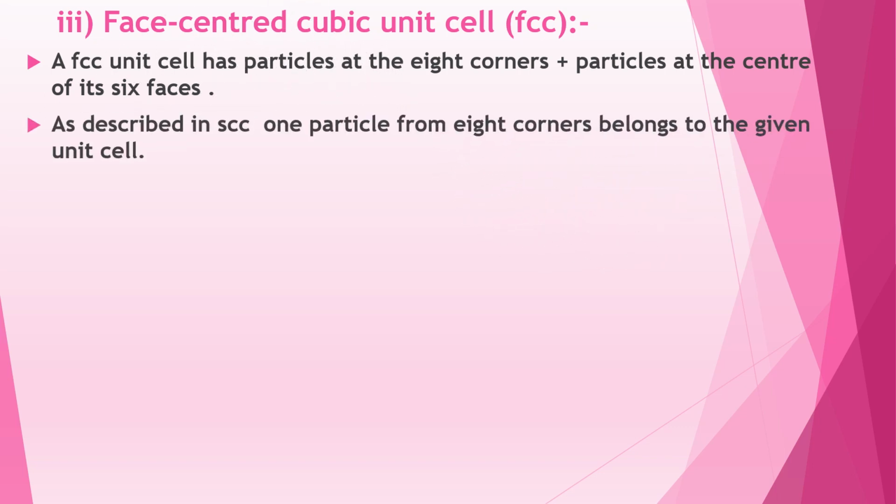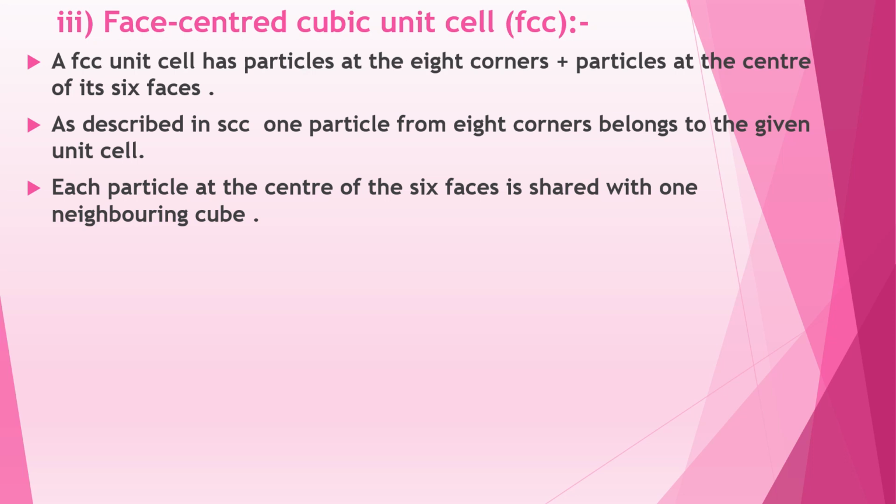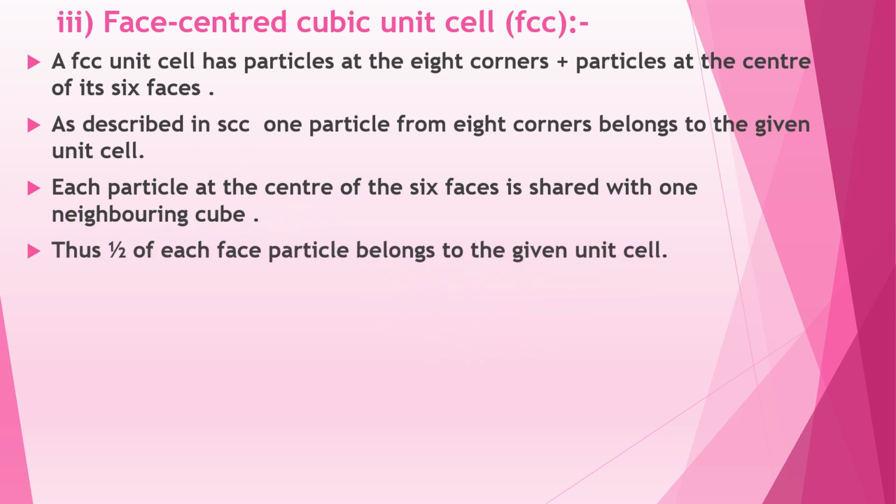As described for the simple cubic unit cell, 1 particle from the 8 corners belongs to the given unit cell, and each particle at the center of the 6 faces is shared with 1 neighboring cube. That means it is 1 half. Thus, 1 half of each face particle belongs to the given unit cell.